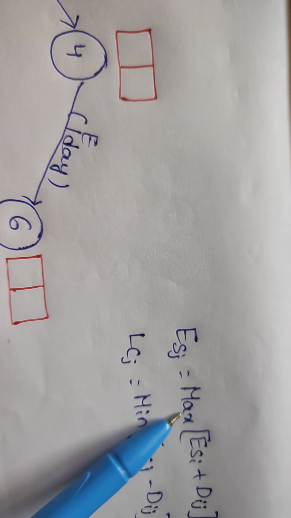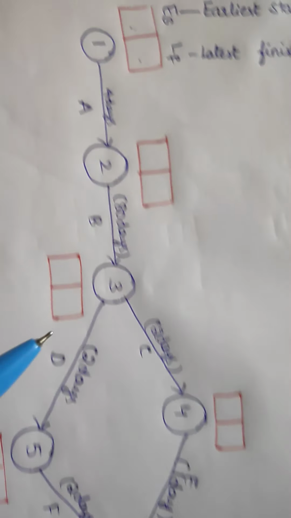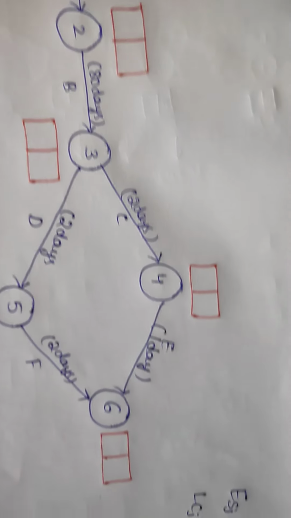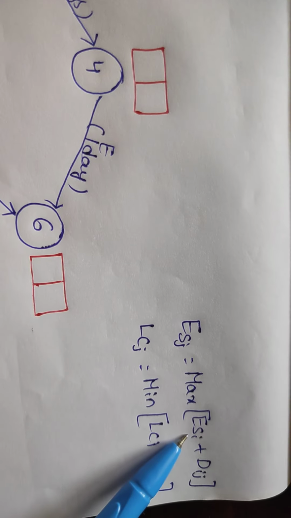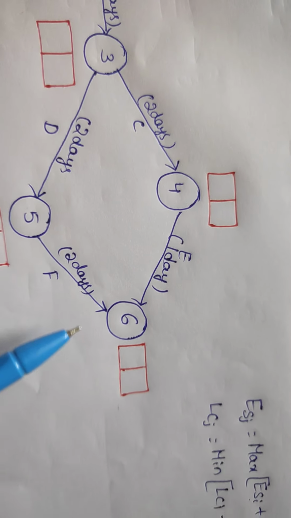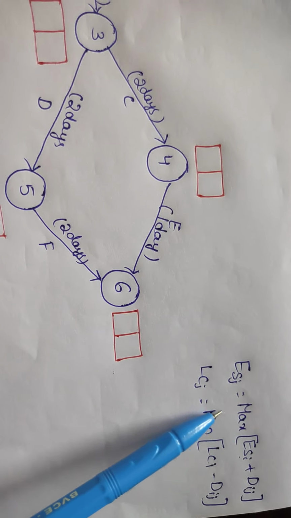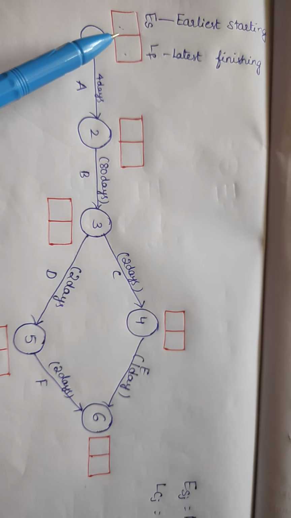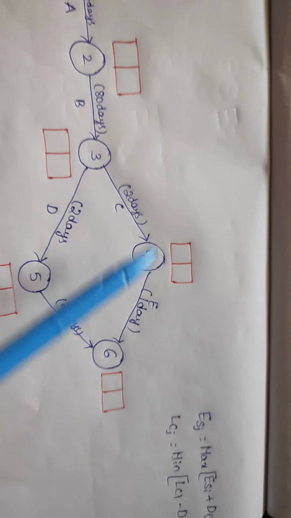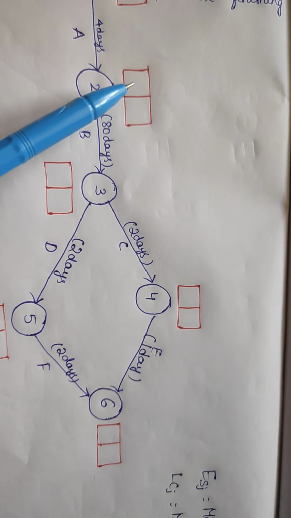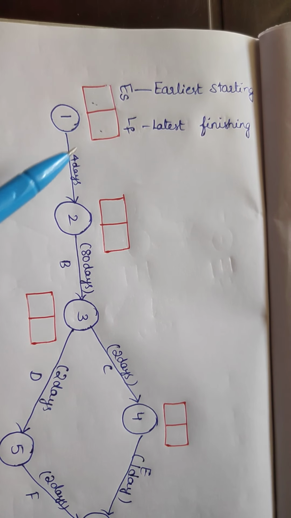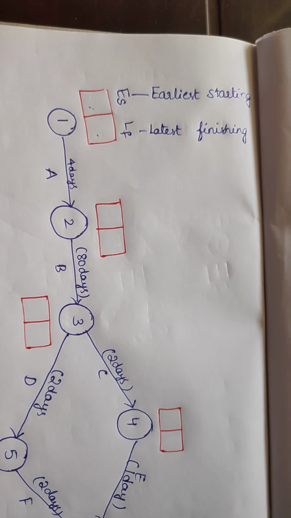When we are going forward in a forward path, we have to consider this formula. And when we are going backward along the path, we have to consider this formula. For getting the first value, we have to consider the earliest starting time and duration time.